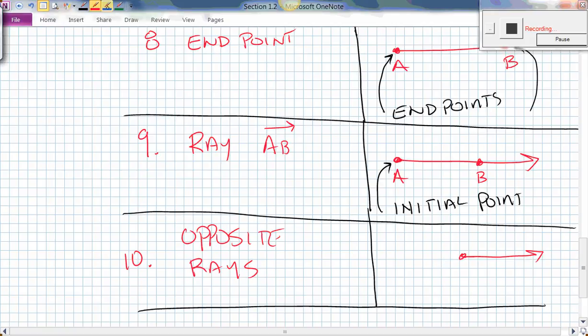So we'll go that one, and then we'll go this one here. So I've got opposite rays here. I call this point A, and I call this point B, and I call this point C. I could say that ray BA and ray BC are opposite rays because they're going in the opposite direction. And that's it.